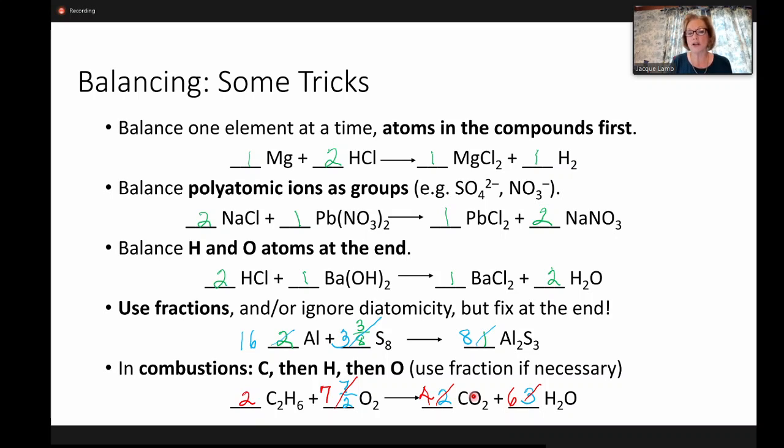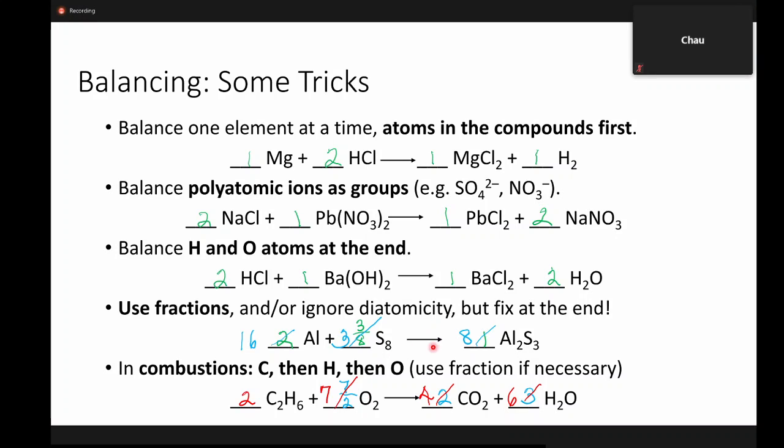I have 7 oxygen atoms on the product side. I would need 7 oxygens on the reactant side. And so I can only get that by taking 7 halves of oxygen molecules. That's because oxygen comes in diatomic species. So if I took 7 whole oxygen molecules, I would have 14 oxygens. I only need 7. Does that clear that up?